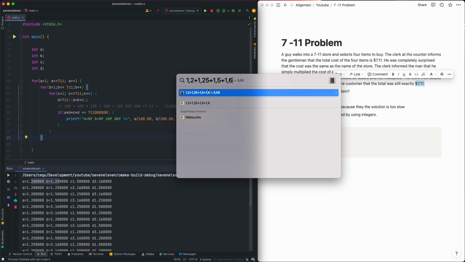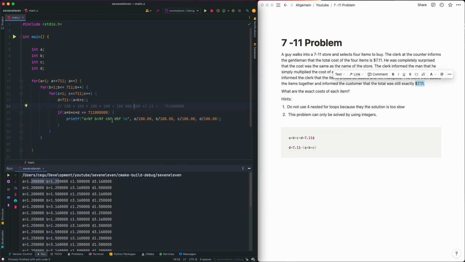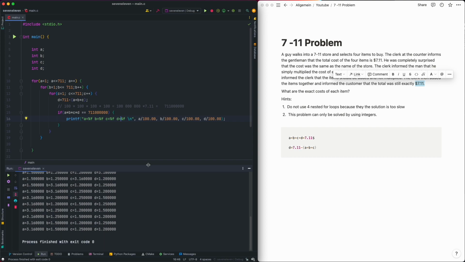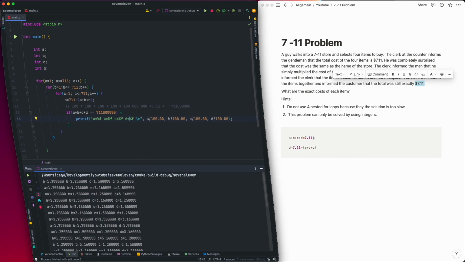So what is wrong here? The formatting is kind of bad, so let's say c equals, d equals. So we actually got the wrong numbers here.